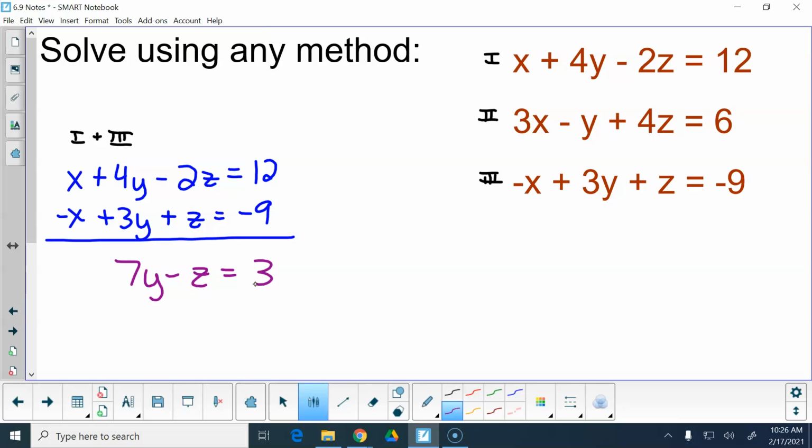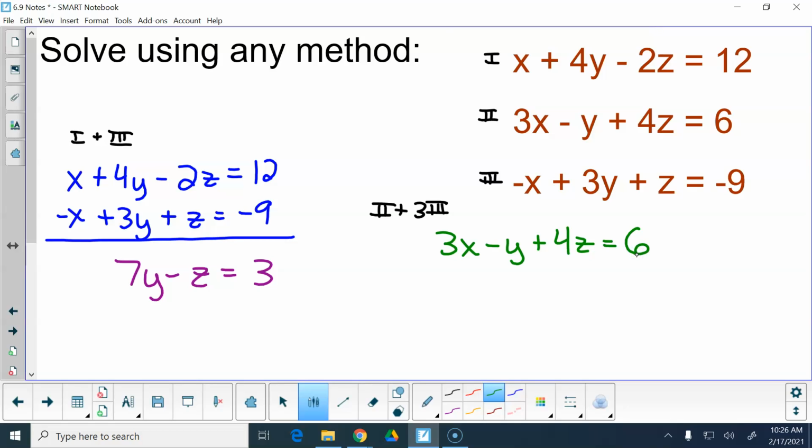Then I would take equation number 2, and I would add to it 3 times equation number 3. So that would be minus y plus 4z equals 6.